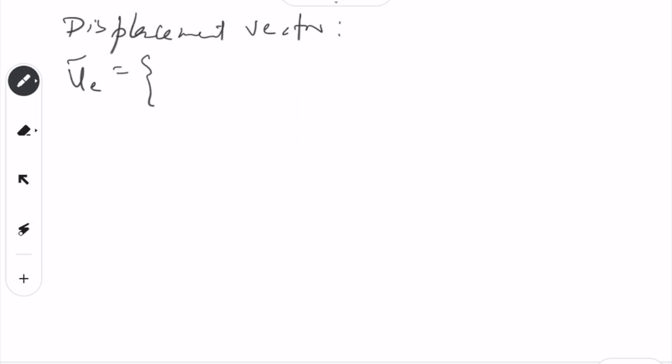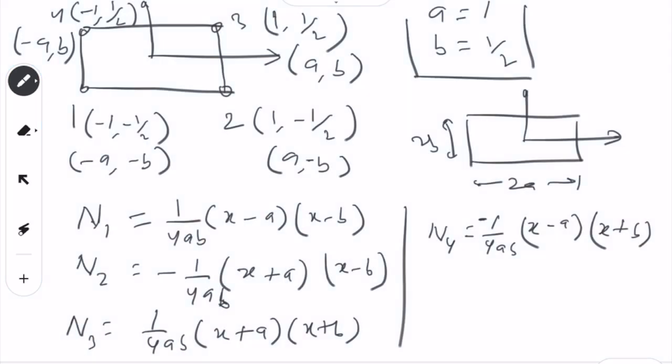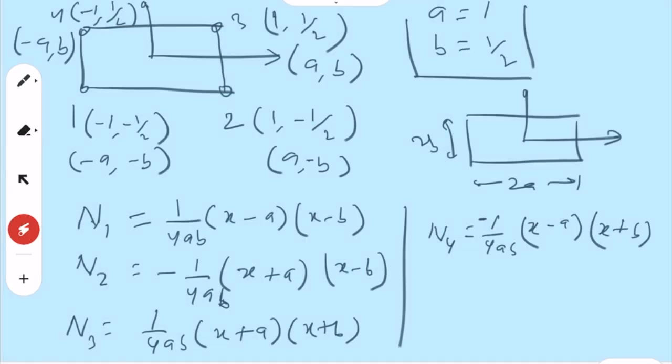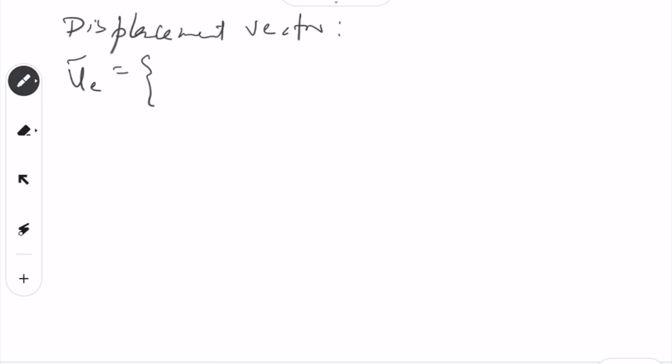will be equal to, and this will be simply, looking at this one, this is 0, and our element has nodes 1, 2, 3, 4. So total is 0 here. In this case, vertical here will be also 0, right, and others. So we can write like this. So this is U, 0, we write 0, then 0, Ux2, then 0 again, because the vertical displacement at node 2 is 0.